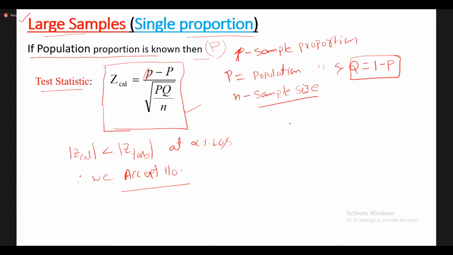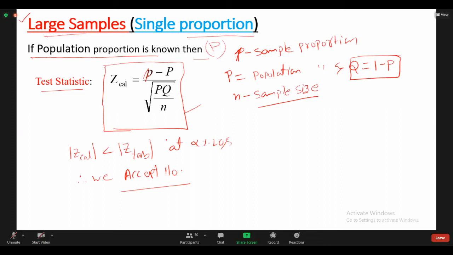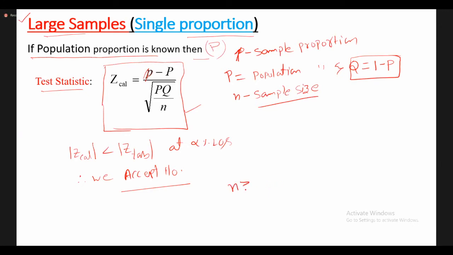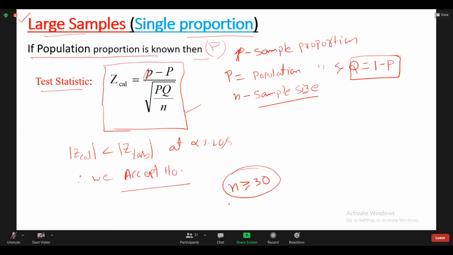Already we discussed that samples are divided into two types, large samples or small samples. In previous classes we did so many problems. If the sample size n is greater than 30, that is a large sample.